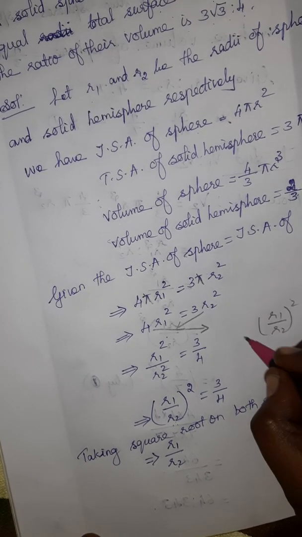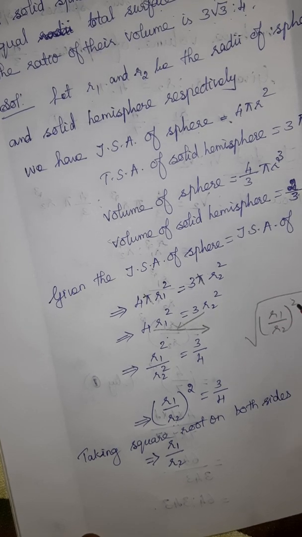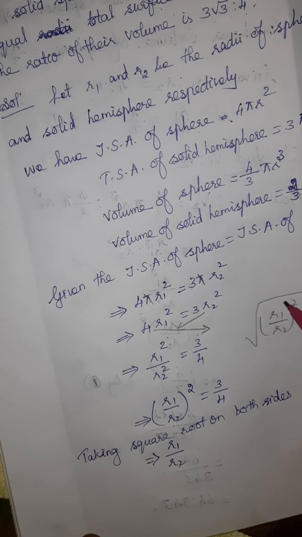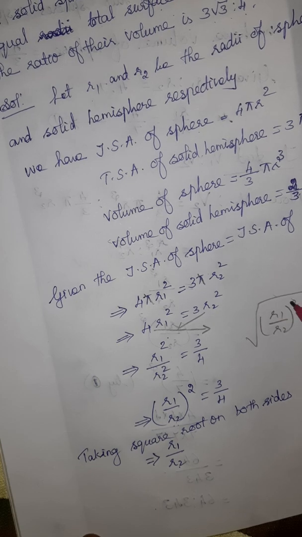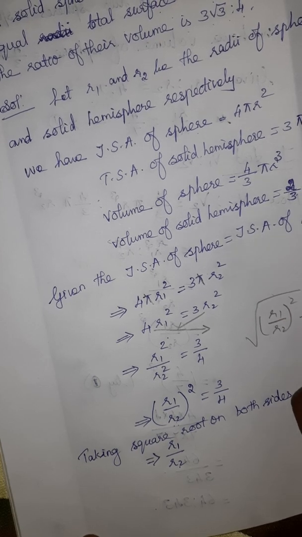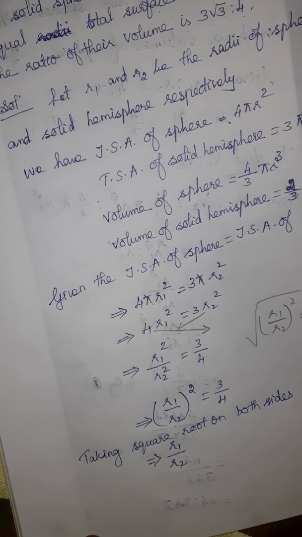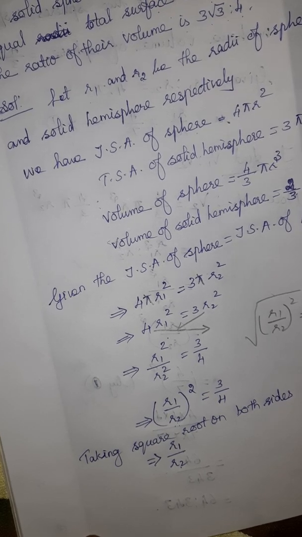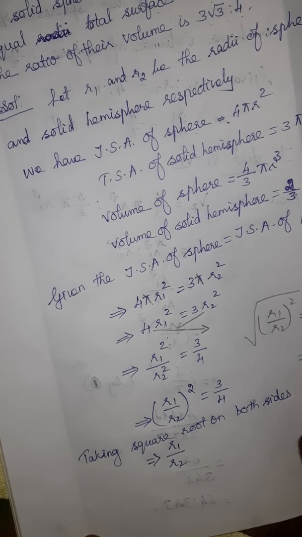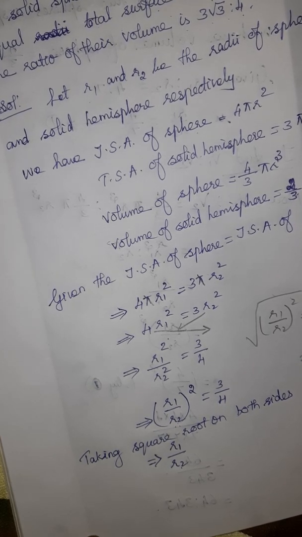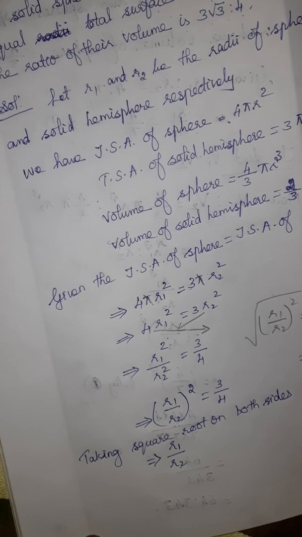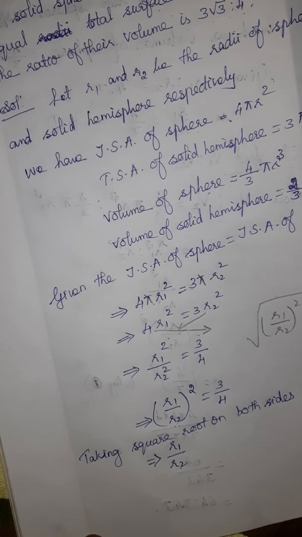Square root means whole power 2, whole power 1 by 2; otherwise you can cancel the square root. That is r1 by r2 the whole square, the whole power 1 by 2. With the product rule of powers you can cancel, and you will get r1 by r2. That is the left side value.